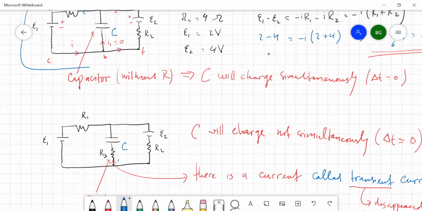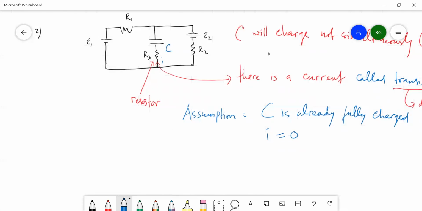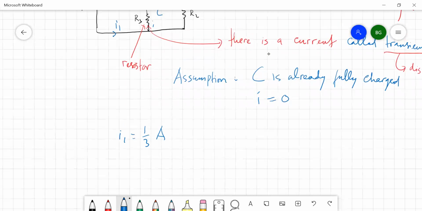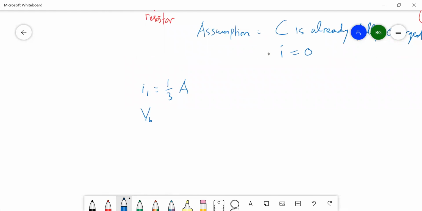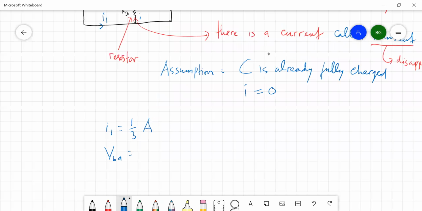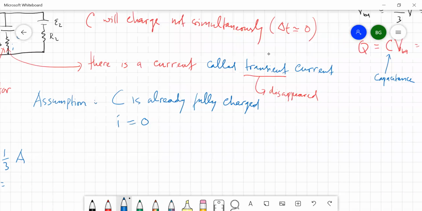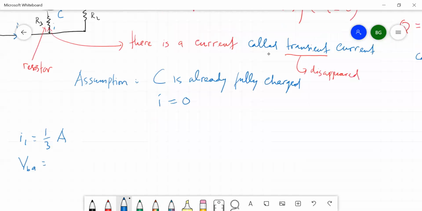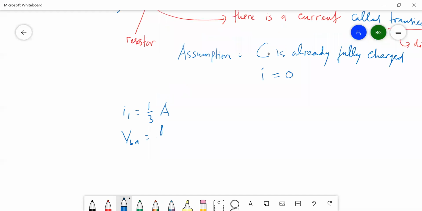You can calculate this current, for example if this is I1, I1 is 1/3 ampere. And if you calculate VBA, it's also the same, 8/3 volt.